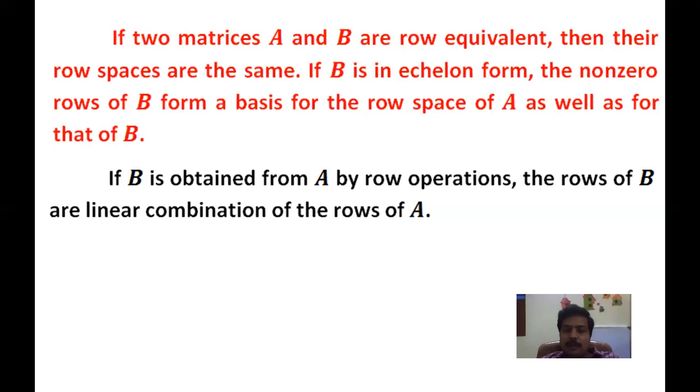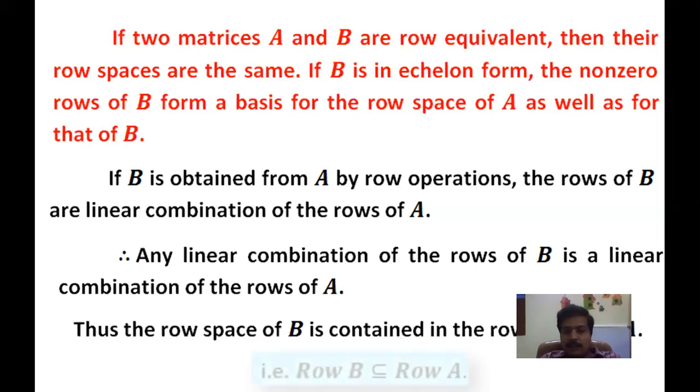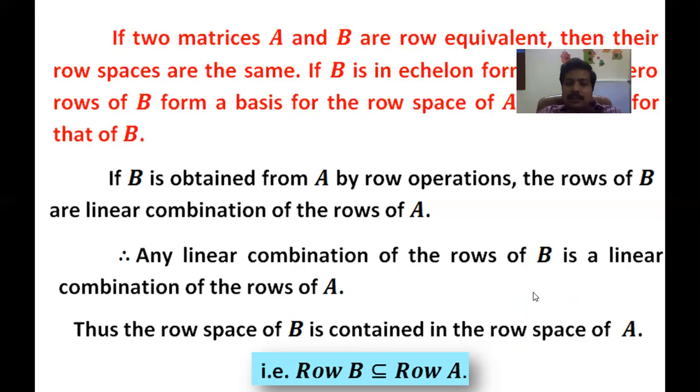So the echelon form is nothing but a linear combination of rows of A. So any linear combination of rows of B is a linear combination of rows of A. That is what we have discussed now. Thus the row space of B is contained in the row space of A.